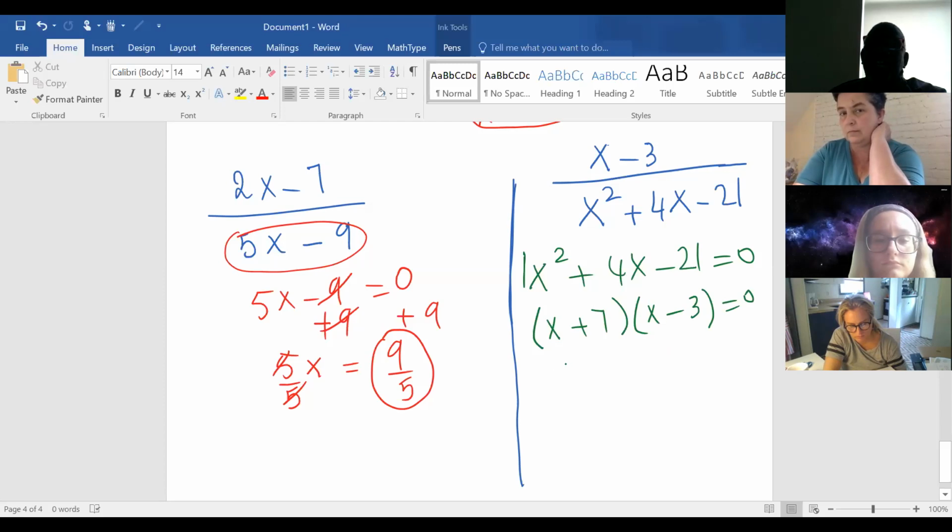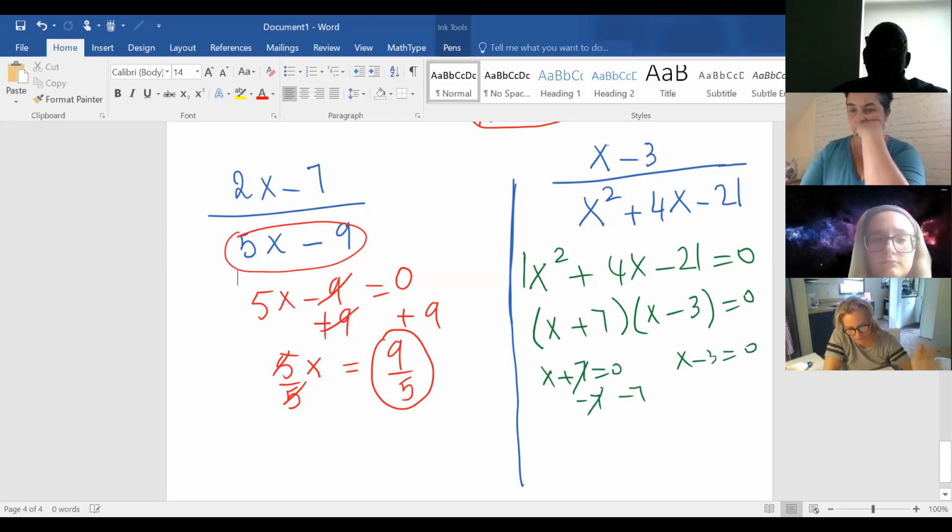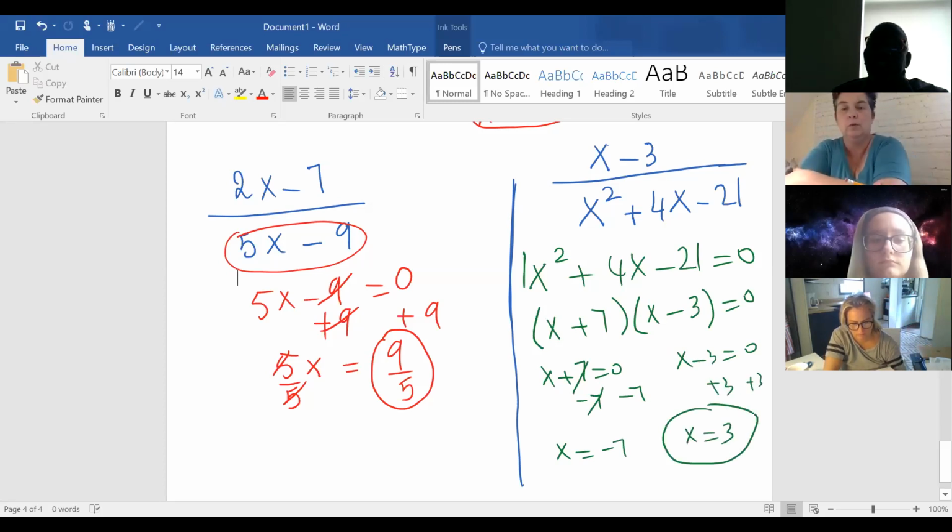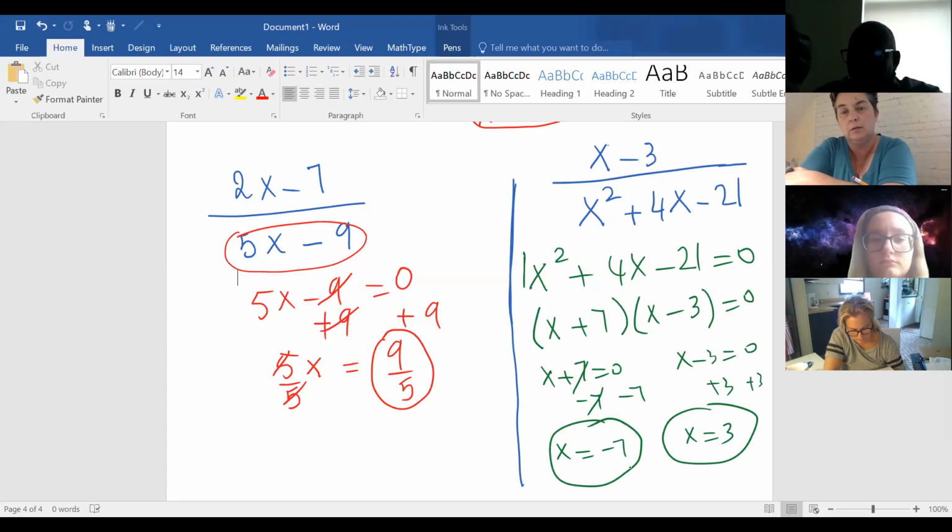Now we have factored. You said x plus 7 equals 0, x minus 3 equals 0. You subtract 7, so you get x equals -7. And here you add 3, so x equals +3. These are the excluded values, which means if you plug in each one of them here, you will have undefined, right?